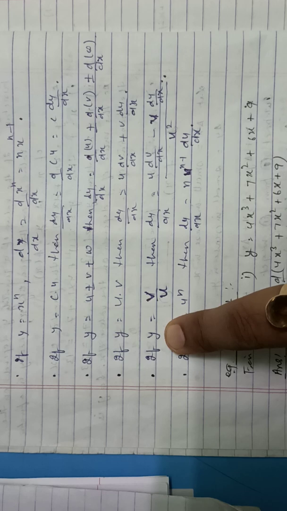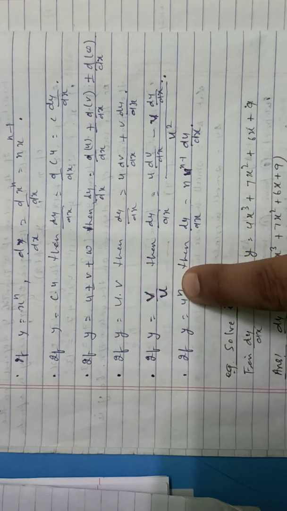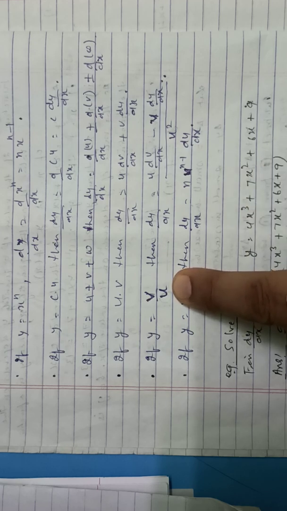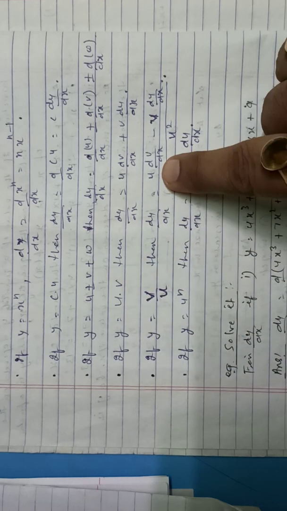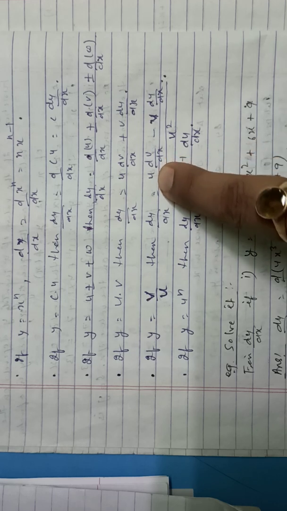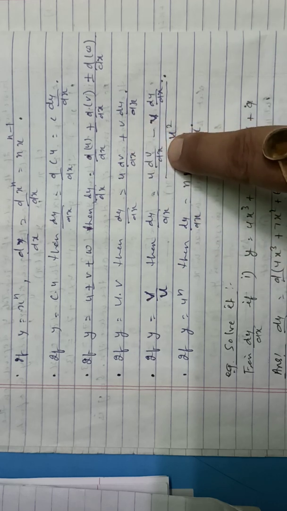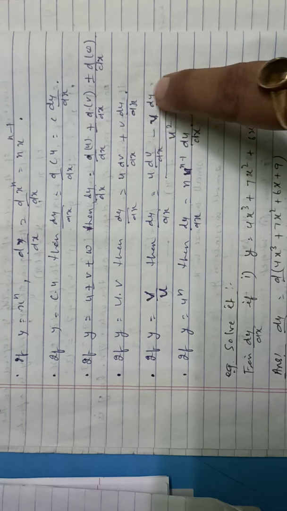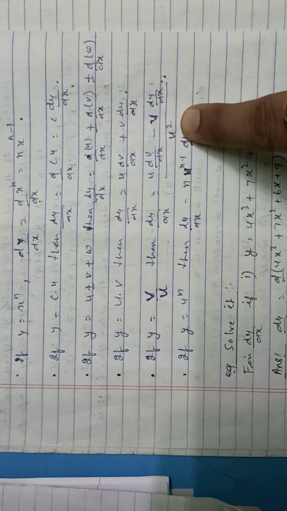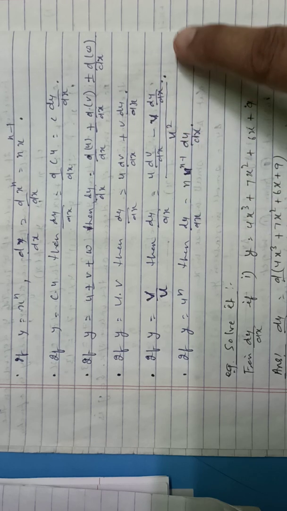The second formula we use is, if y is equal to v by u. Take caution, that's why I have written it in bold and darkened it. If y is equal to v by u, then dy by dx is, first of all, the denominator term, denominator into dv by dx, minus v du by dx, by denominator square, meaning u square.